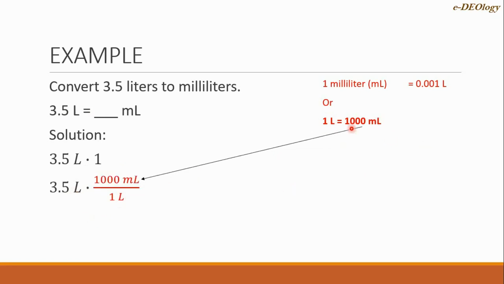In the numerator is the 1000 mL. Then we can cancel the liter unit. Then 3.5 multiplied by 1000 is 3500. We copy the unit mL. The denominator of 1 we need not write. So our final answer is 3500 mL.